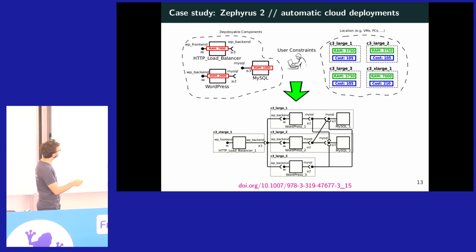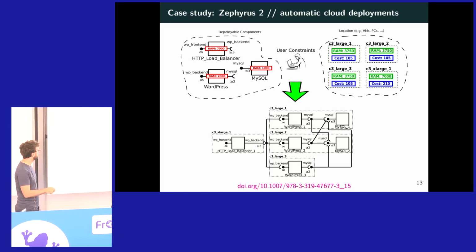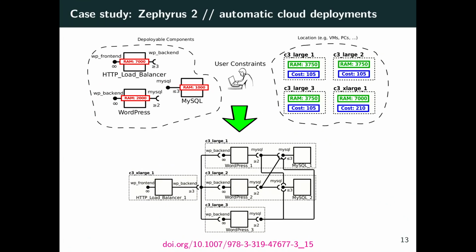And then you scrape all the VM specifications from AWS or whatever you want to use. And then the tool does 2 things. One is it wires the components together. In this case it's not that interesting, but if it gets larger, then at some point you have the question, which WordPress instance is connected to which database backend, for example.